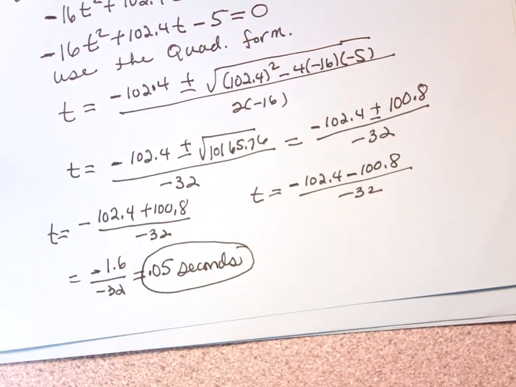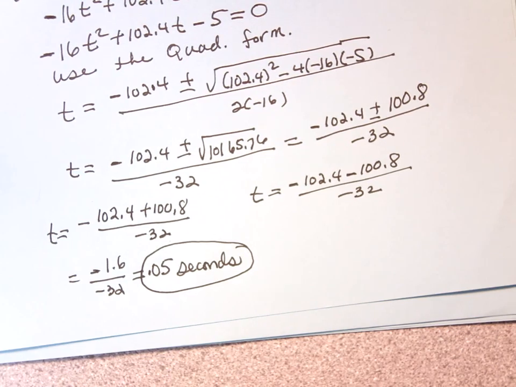And if you think about it, we're talking about only 5 feet higher than where it was thrown from, because it got thrown from 15 feet. So it's only moved 5 feet. So it's not going to take very long to advance 5 feet if you're throwing it at 102.4 feet per second.